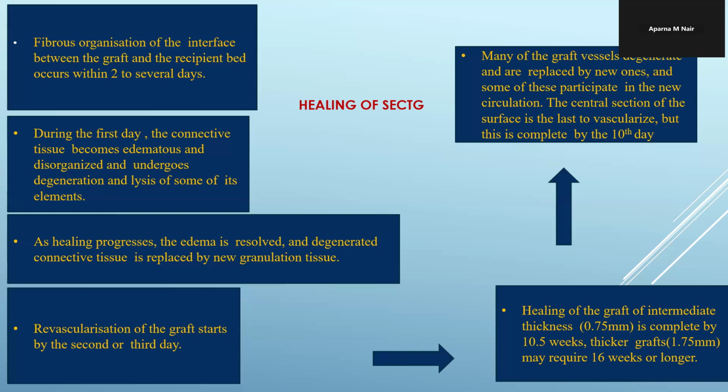The next stage is revascularization, which starts by the second or third day. The healing of the intermediate thickness graft will take about 10.5 weeks, and thick grafts require 16 weeks or longer. So this is the healing of the subepithelial connective tissue graft.